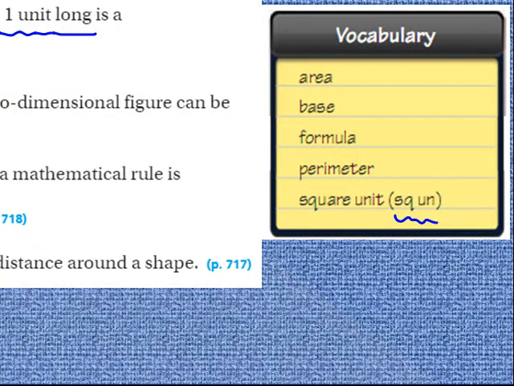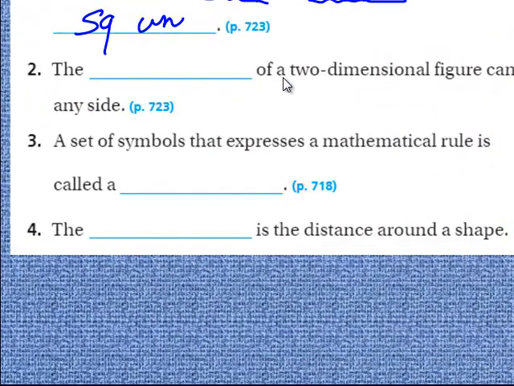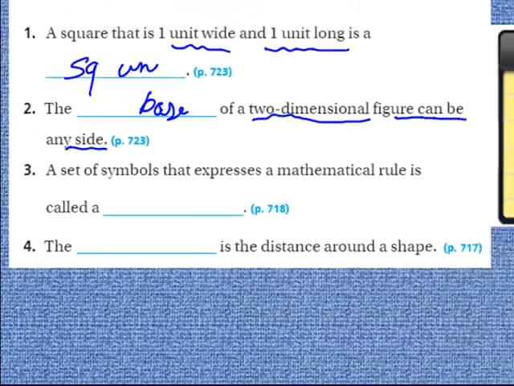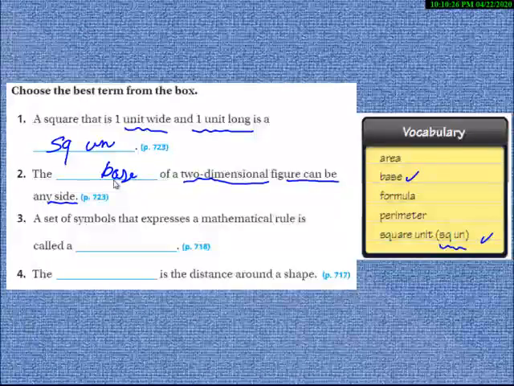Number 2: the what of a two-dimensional figure can be any side? It's base. Yes, it's base. We talked about all of that.